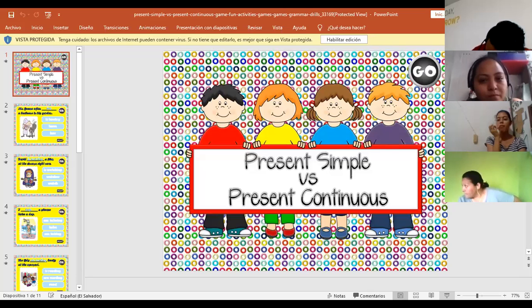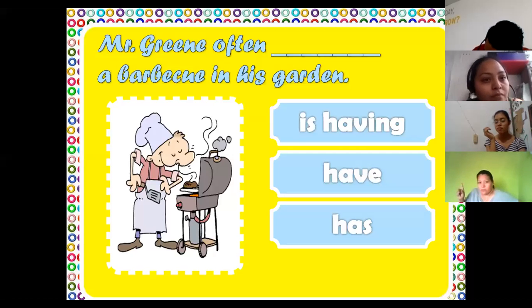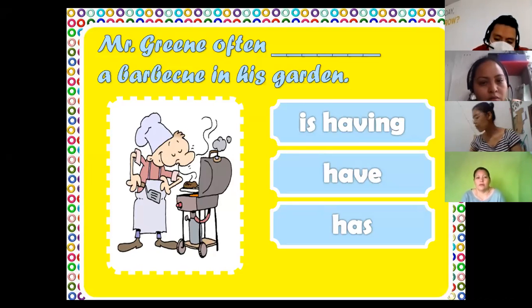Okay, Gabriela, here you have. Can you read it, please? And you have to choose one of the options that you have on the right. Okay, teacher. His garden.